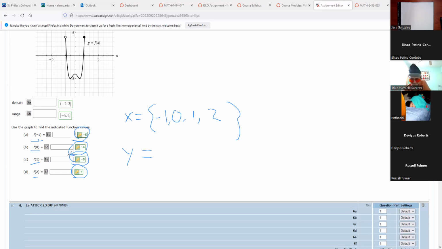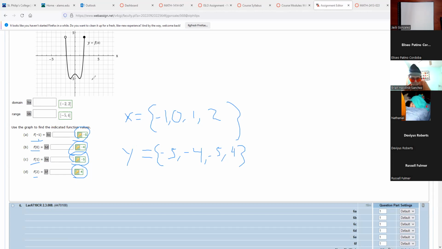We're just looking at these few points. That's going to be this solution, -5, -4, -5, 4.